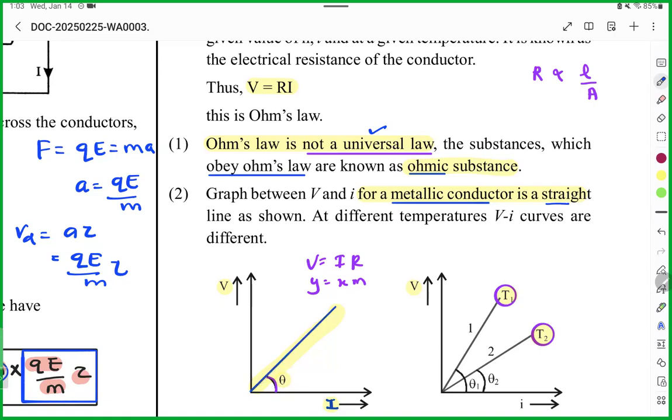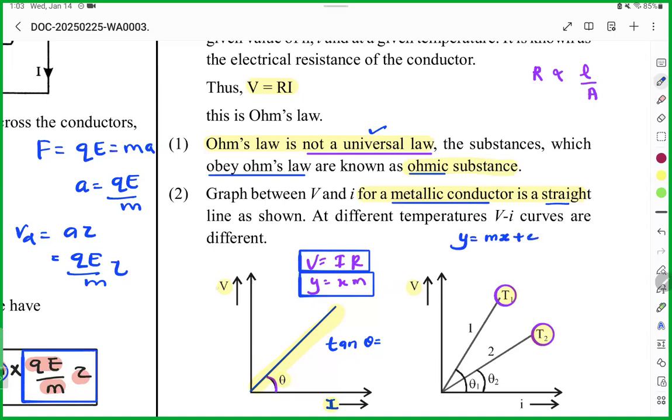Barinder, what will be theta in this case? Tan theta. What will be tan theta value in this case? V is equal to IR is the formula, and y is equal to mx plus c is the graph equation.